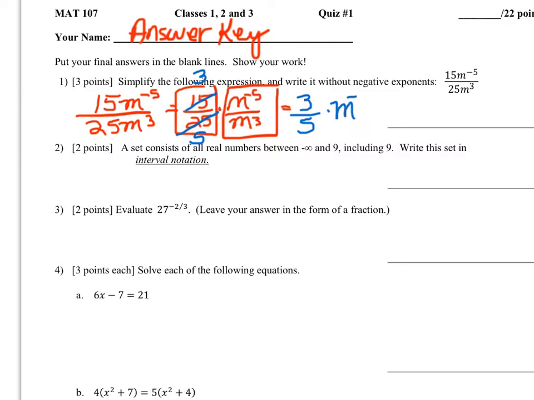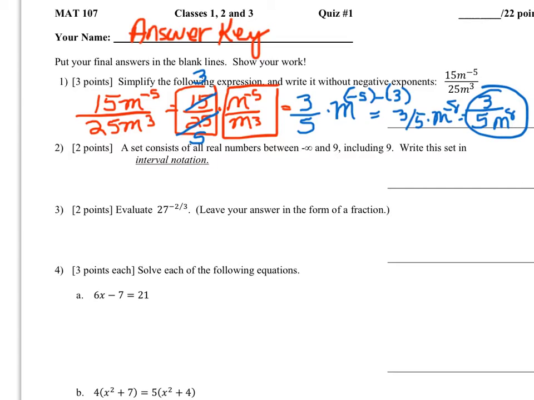We have a negative 5 in our numerator, and we subtract a positive 3 in our denominator. So that gives us 3/5 times m to the negative 8, which becomes 3 over 5, and m to the negative 8 becomes 1 over m to the 8, so the m to the 8th goes in the denominator. So that's how you simplify the first problem.